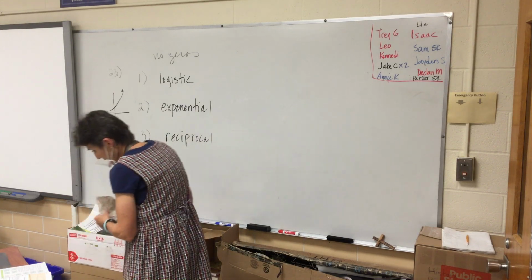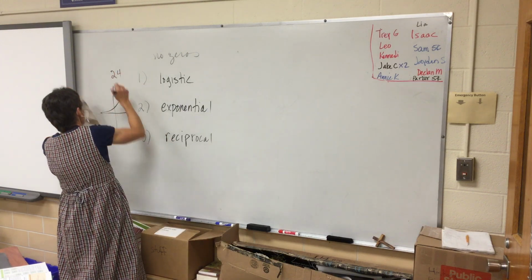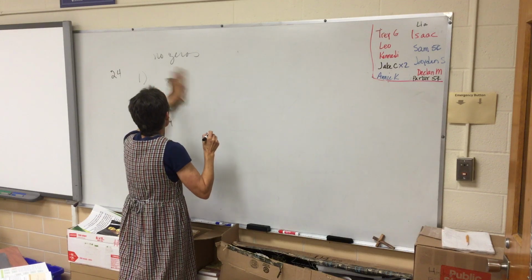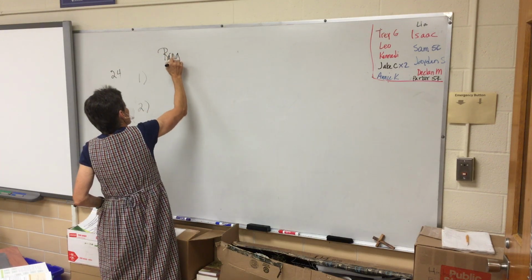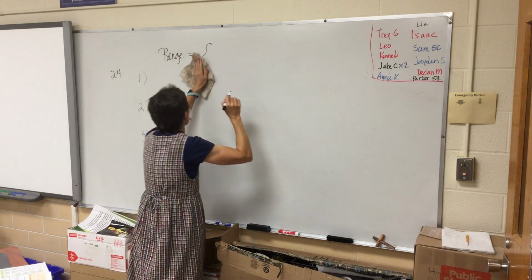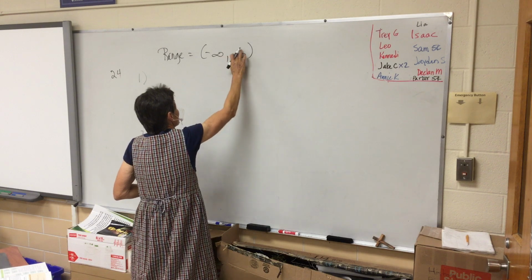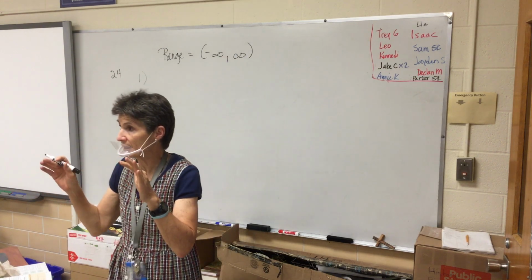All right, again, this is number 24. Now we want 3 functions that have a range of all real numbers. So the range is negative infinity to positive infinity. Now I want you to stop and think about that for a second.